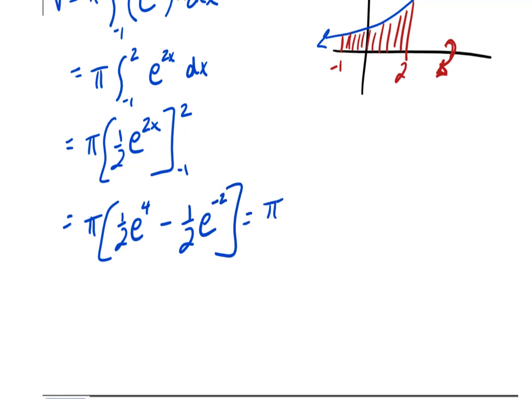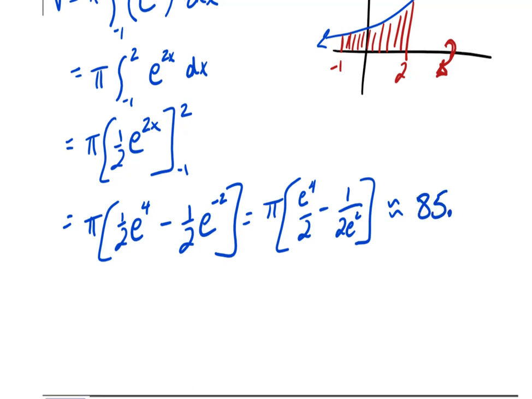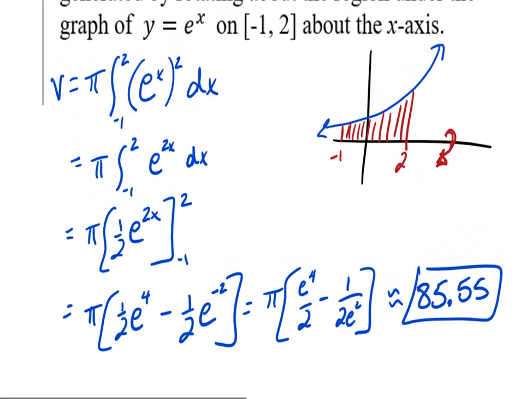So that's going to be pi times e to the 4th over 2 minus 1 over 2e squared. Not a very pretty answer at all, but if you do the approximation for that, you're going to get 85.55 as the approximate volume of the solid created when you revolve that around the x-axis.